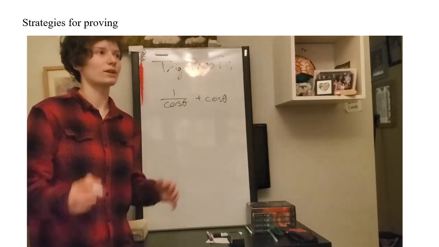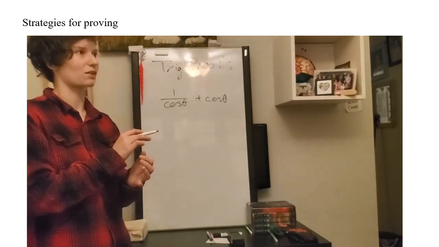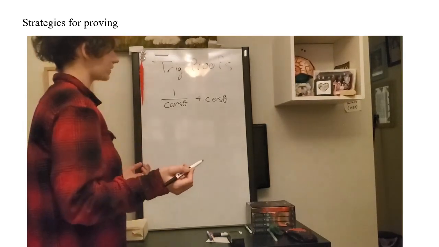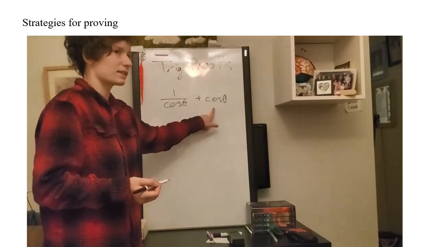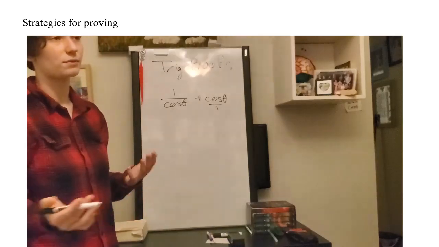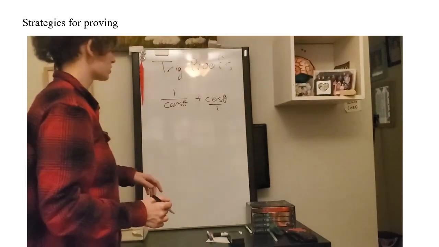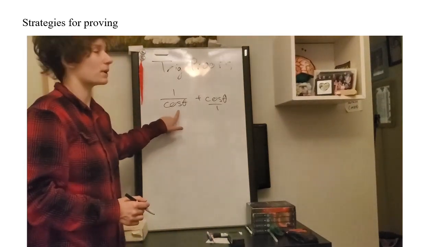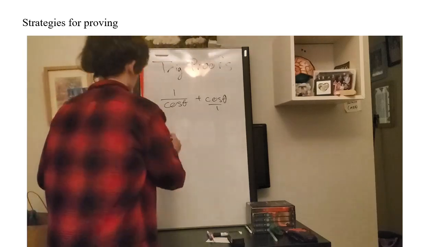Typically you would like to combine them into one fraction to make them easier to work with. In this case, this is not a fraction, but if it was a fraction, it would just be divided by 1. So you can just multiply by the base of this one, so that they have the same base.